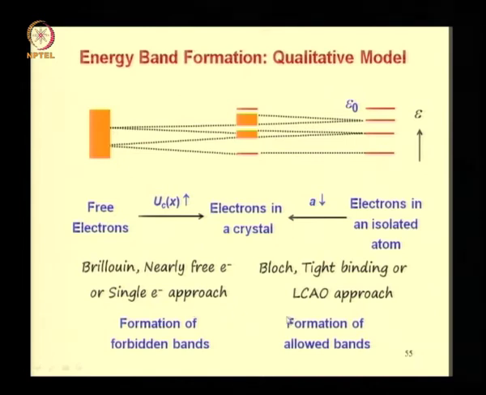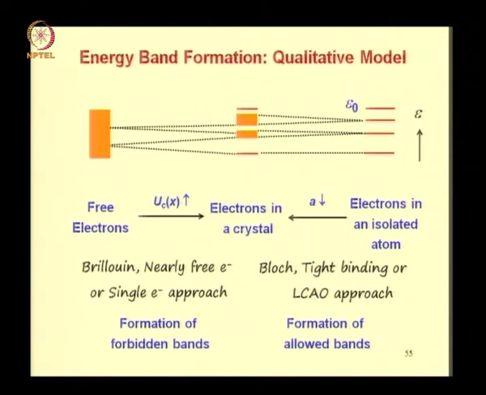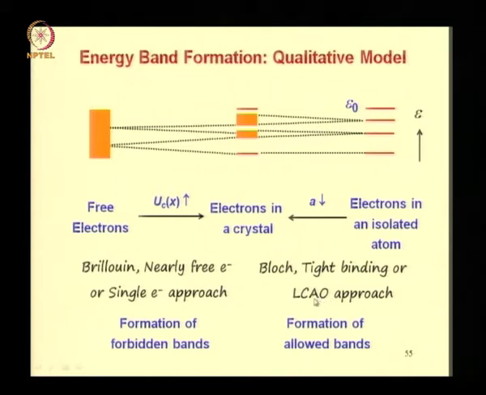On the other hand, the formation of allowed bands from energy levels of an isolated atom is referred to as the Bloch tight binding or LCAO approach, where LCAO stands for linear combination of atomic orbitals. Okay? The wave functions of individual atoms are referred to as atomic orbitals, and linear combination.